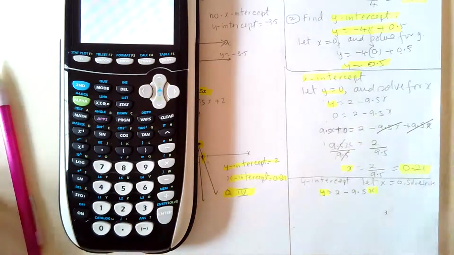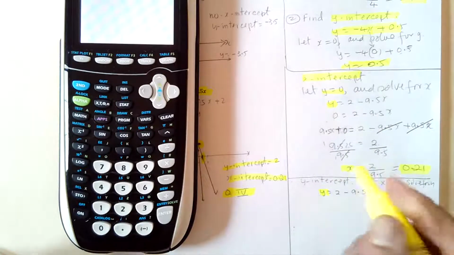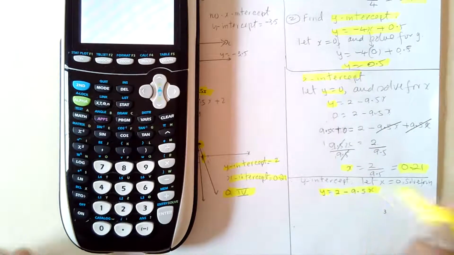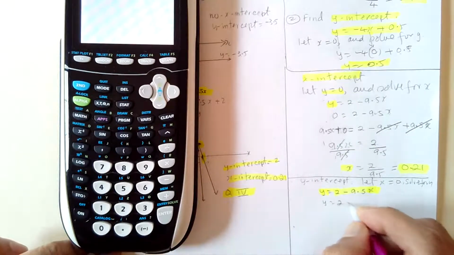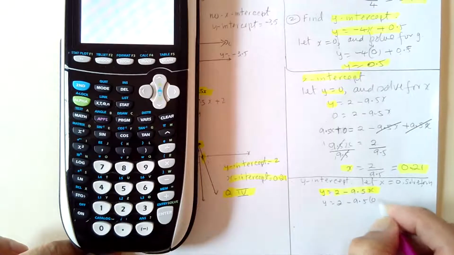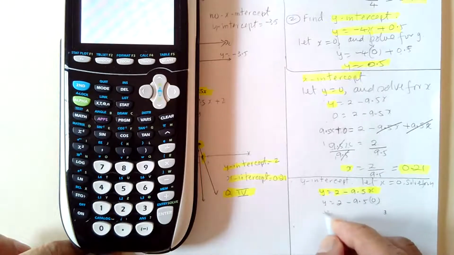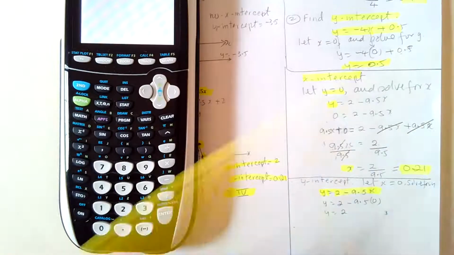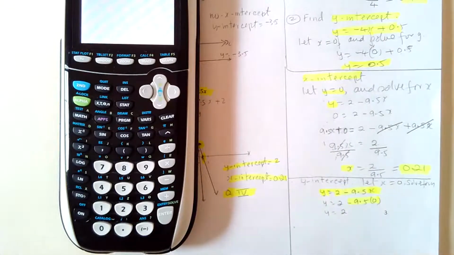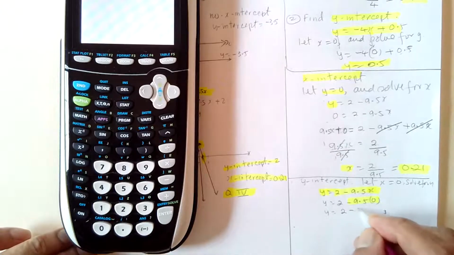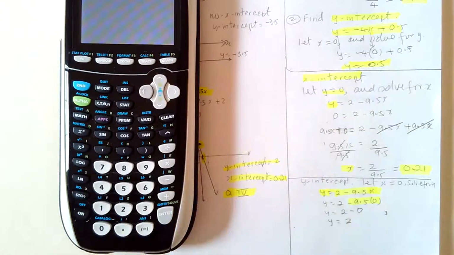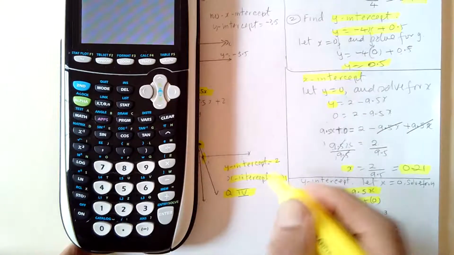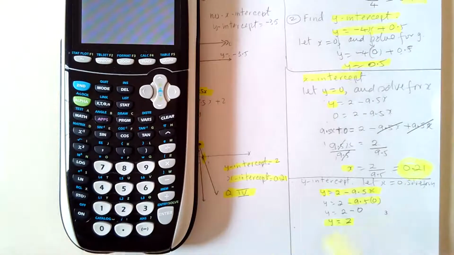So here we have y equals 2. Here's my equation. If x equals 0, y is equal to 2 minus 9.5 times 0. So we have y is equal to 2. So this becomes 0. We'll write that down. So y is equal to 2. So the y-intercept is 2, and the x-intercept is 0.21, which is what we have graphically.